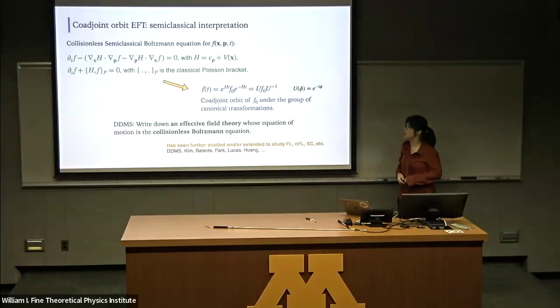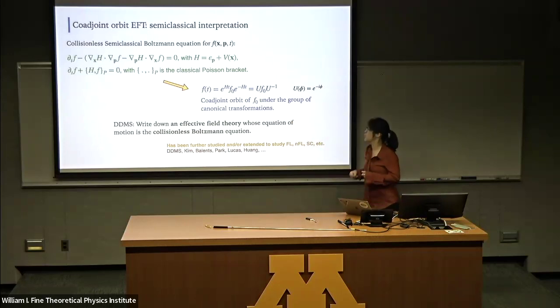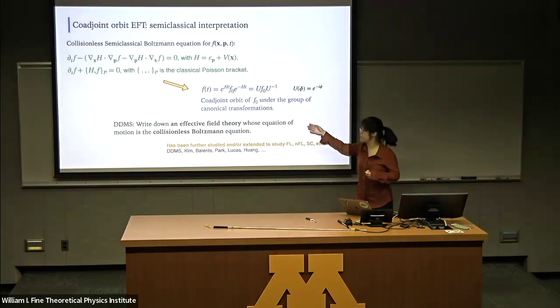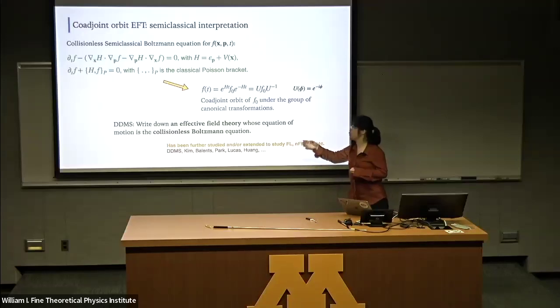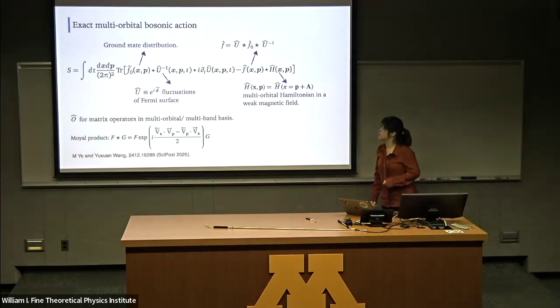And from that, one can say that this distribution function in time is essentially the co-adjoint orbit of the equilibrium ground state distribution under the group of canonical transformations. And then one can ask, can we write down the effective theory for these canonical transformations such that its equation of motion is the collisionless Boltzmann equation? It turns out that one can do that, and that is shown in Ullmann's work.